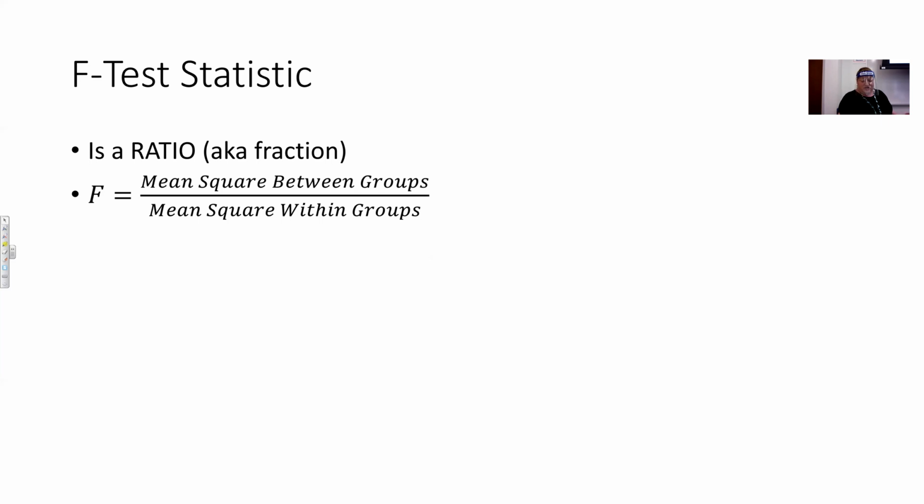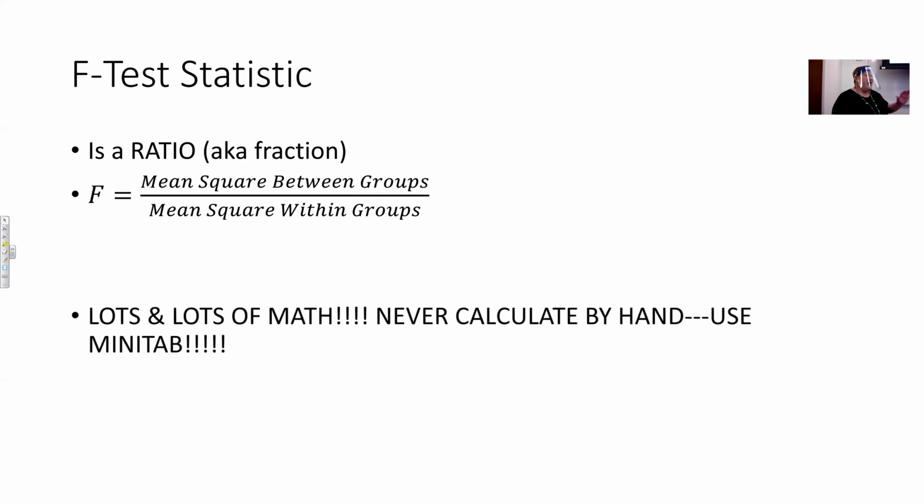Now guys, we are not going to do any of this by hand because the amount of math that has to be done to calculate the F-test statistic is unreal.